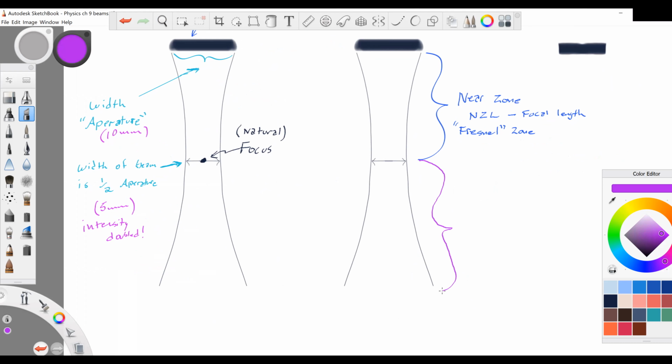Let's make sure that's what they say here. Also called the far field or Fraunhofer. Okay, let's write these down. Far zone, far field, Fraunhofer.